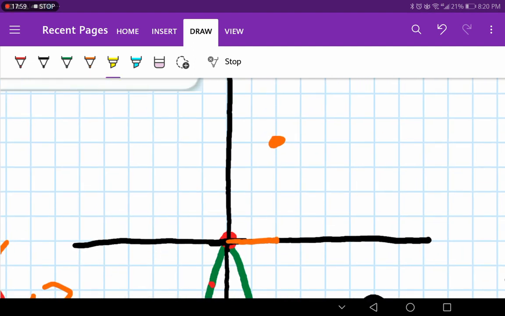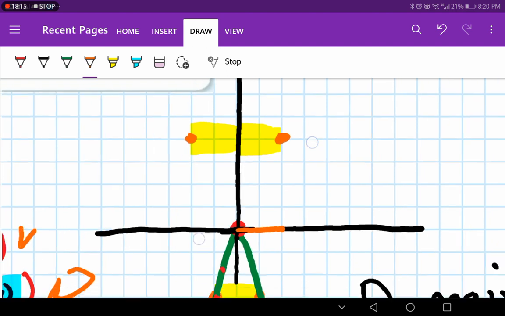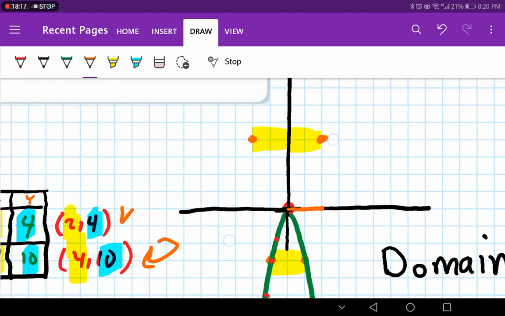I see how many steps far away from the axis of symmetry it is. It is 2. I draw the reflected one on the other side, so it will be here. Hard? Easy, yes? Now the second point is 4 and 10.